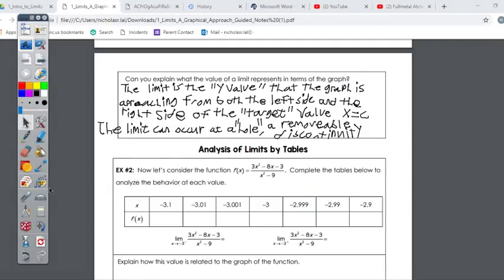So that's explaining. Let's do analysis of limit tables. Let's complete the tables below for the function. Analyze behavior at each value.